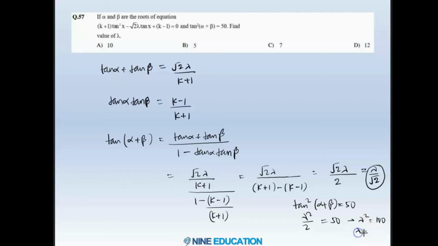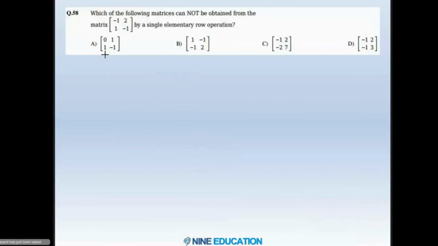So the value of lambda is, question number 58 says, which of the following matrices cannot be obtained from the given matrix by a single elementary row operation? If you see the first option, I can very easily apply in the given matrix R1 goes to R1 plus R2, and I can get this A matrix easily.